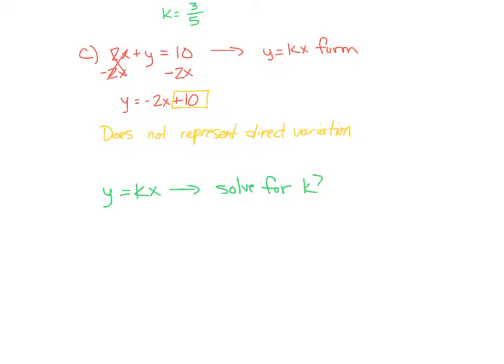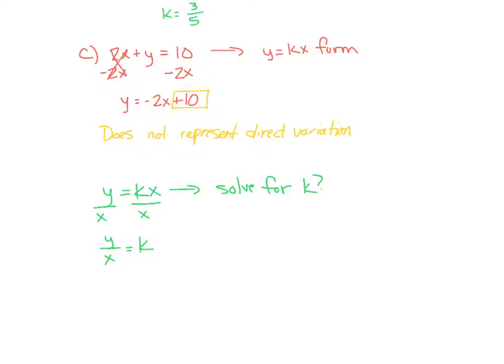If we solve for k, we have to divide both sides by x, like the literal equation stuff, and we get y over x equals k. So your constant of variation is equal to y over x.